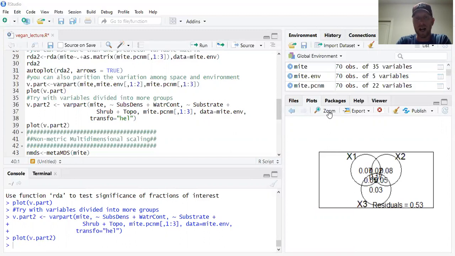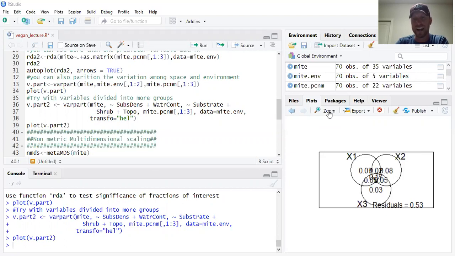But for the pairwise interaction, between continuous environmental variables and spatial variables, about 5% of the variation could be explained. Same between the categorical environmental variables and spatial variables, and so forth, with all of your 2-way interactions. And then there's the 3-way interaction, where continuous habitat variables, categorical habitat variables, and spatial variables all jointly explain some variation: that's 17%. That was by far the largest amount within this.